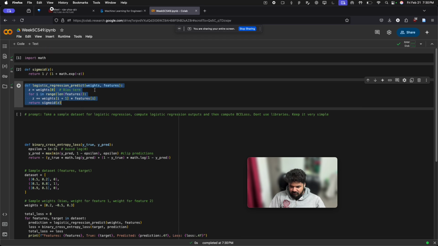Let me write it simply. weight 0, weight 1, weight 2.